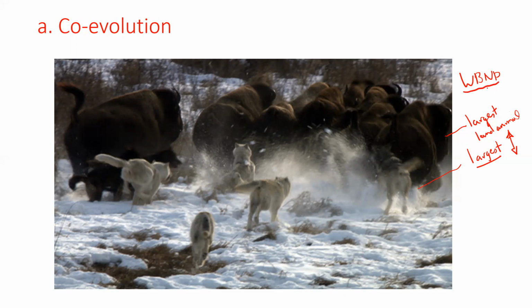These are both biotic selection pressures. As a result, those wolves that are large survive. And this exerts a selection pressure on bison that are also large, obviously to a certain extent.